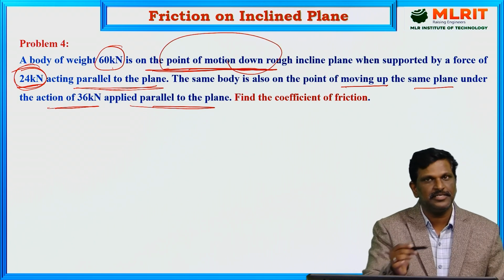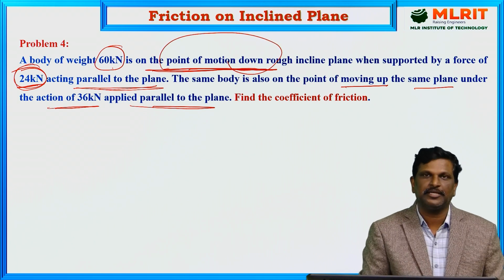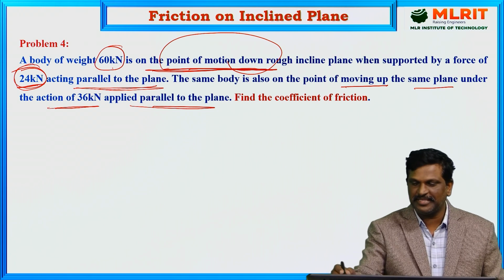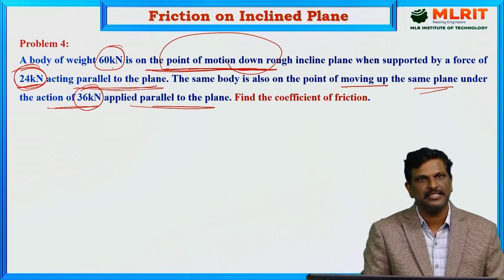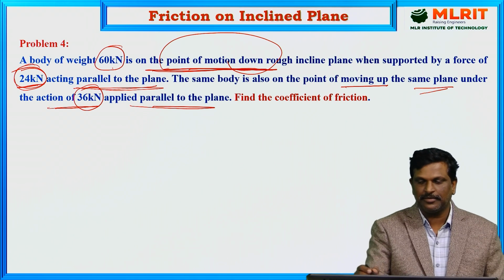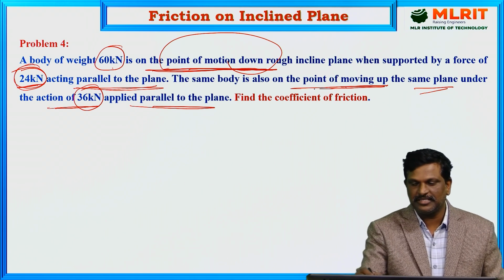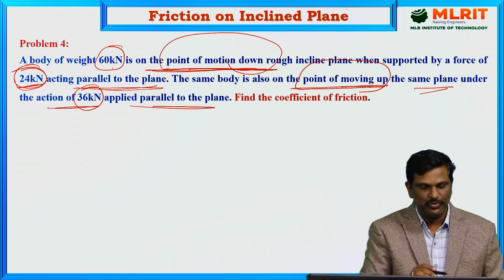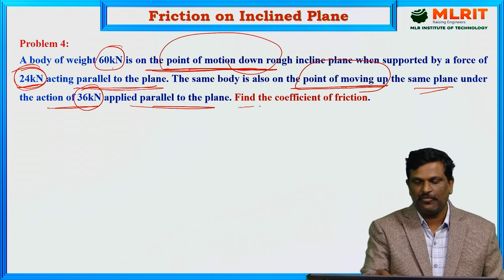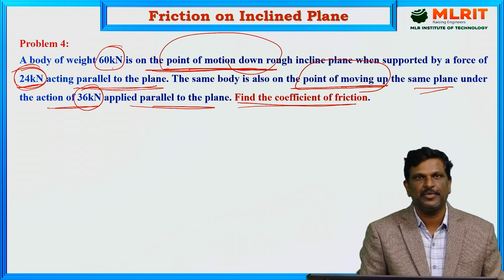Its tendency is to move in the downward direction. The same body, same plane. When the force of 36 kilonewtons is applied, the body is tending to move in the upward direction. By using these two cases, find the coefficient of friction between the block and the plane.